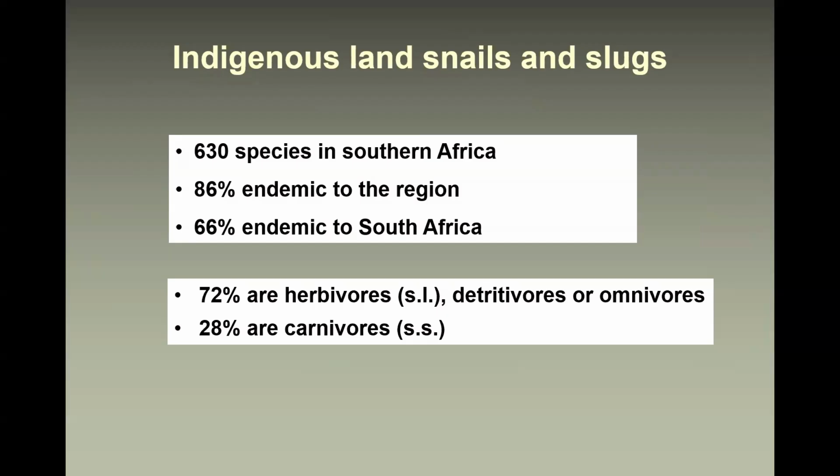They really do not eat vegetable matter to any great extent, and the vast proportion of their diet consists of animal matter. So I think that's a relatively high proportion, certainly compared to the land snail fauna of the UK.